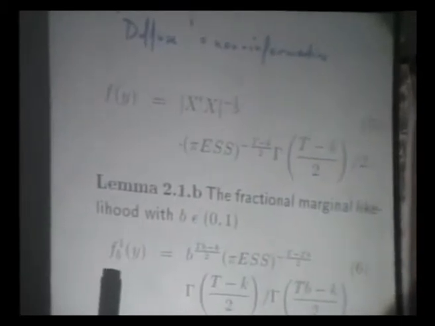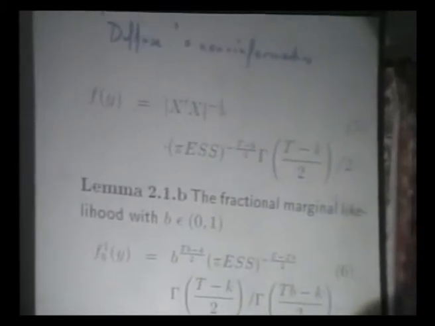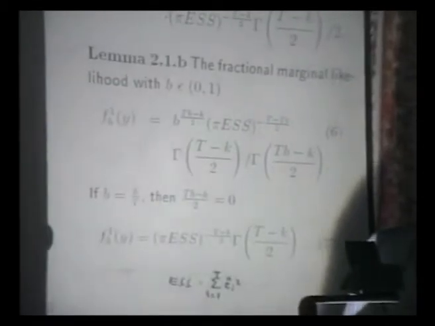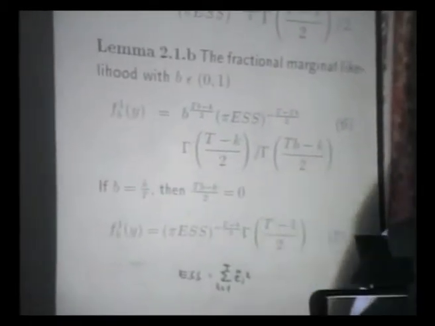Whatever the model is, you define a certain fraction b, and it has this form. And if you minimize this fraction, then you end up with this really nice formula, which is very close to the non-informative prior, but here it has the definition of a fractional prior.